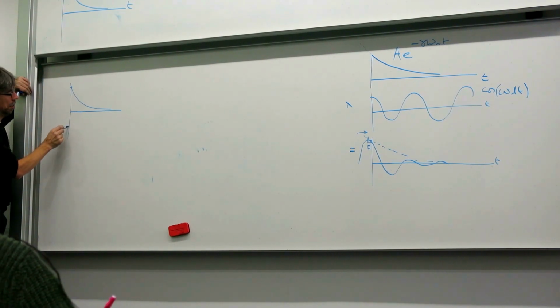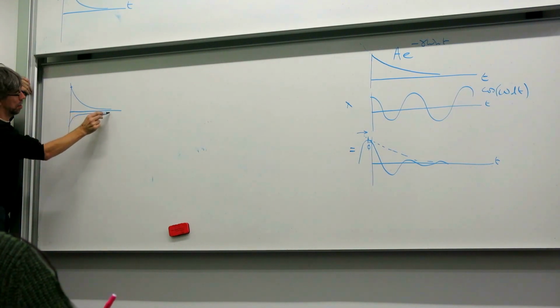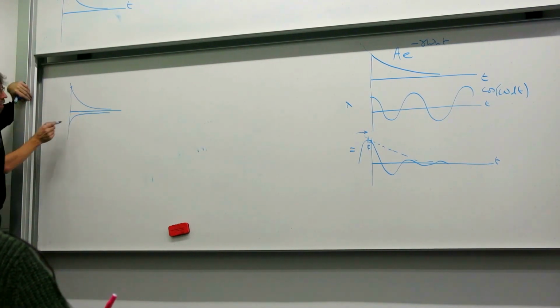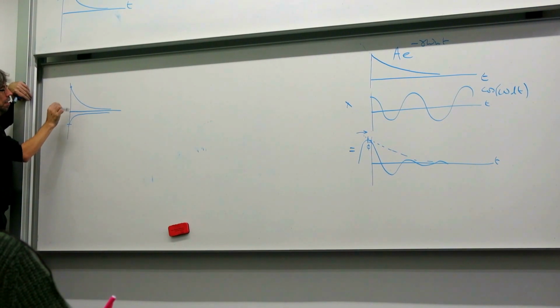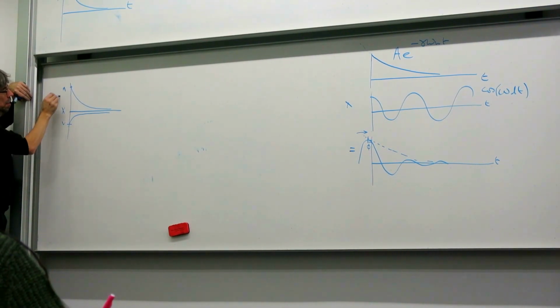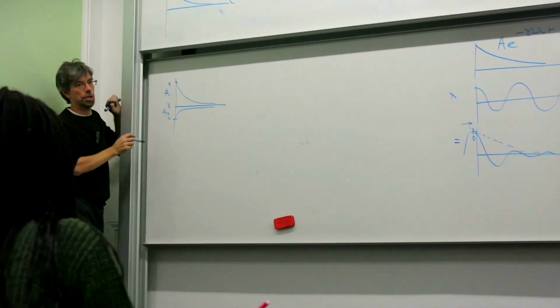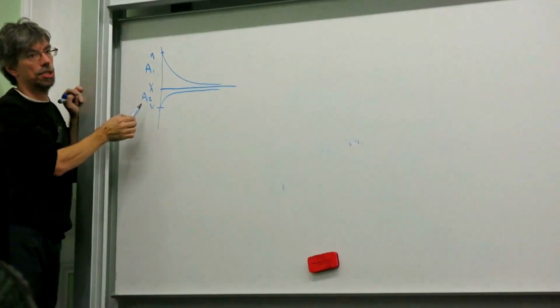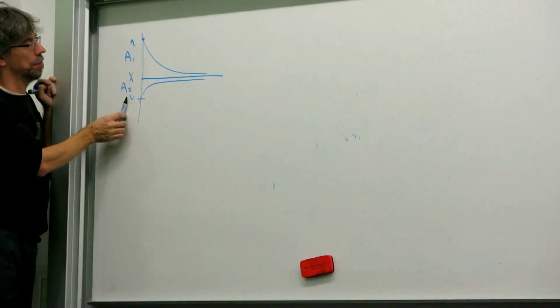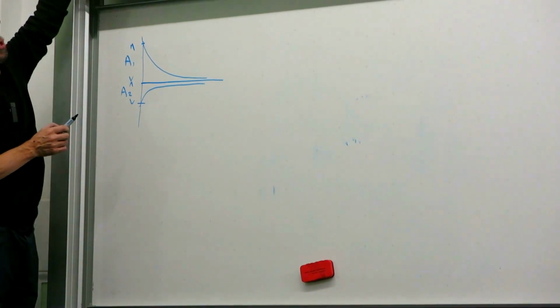So the initial values are A1 and A2. So we know A1 plus A2 must be equal to Q naught.